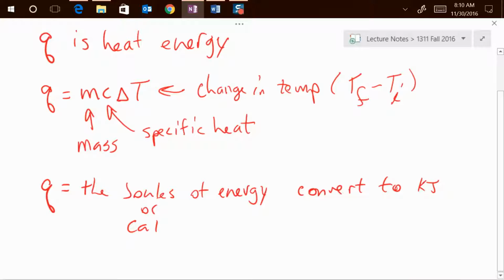Now the other thing you have to be careful about with Q is if you measure Q for a substance directly, so if you measure the change in temperature of a piece of metal directly, then whatever you calculate for Q, that's the sign of the Q for that substance.